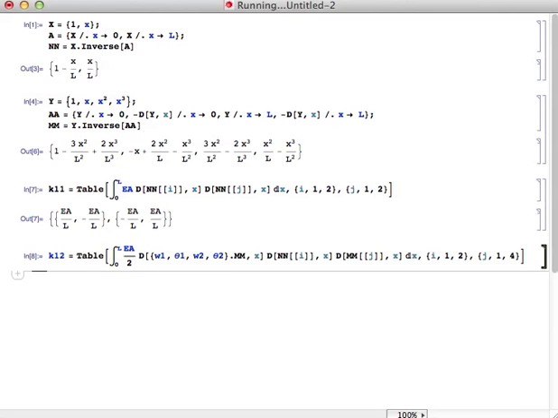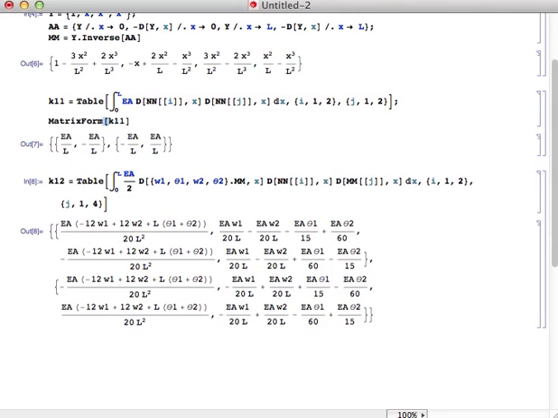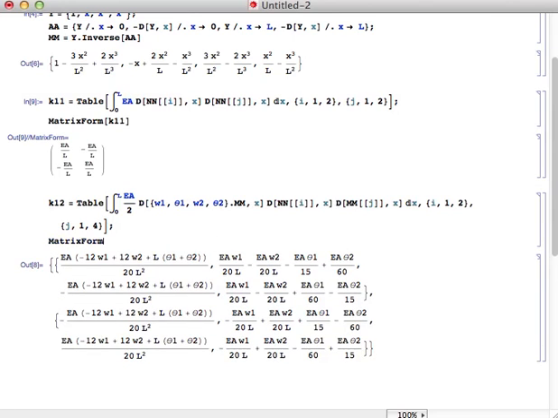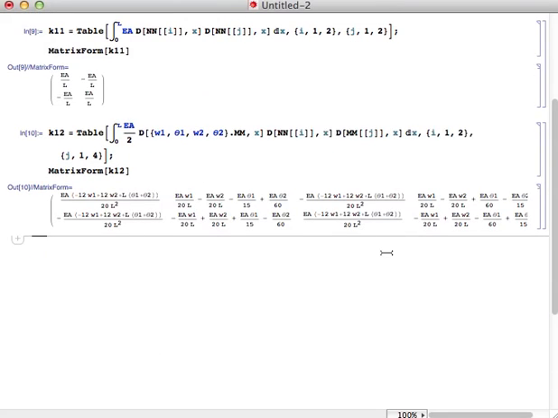And we get that. Now you see, this is where it's different from anything we've done so far. Now the degrees of freedom themselves are actually showing up in the stiffness matrix. Okay? And I don't know, maybe it will help if we viewed these as matrices. So we have that one, and I have that one, so it's a 2 by 4.